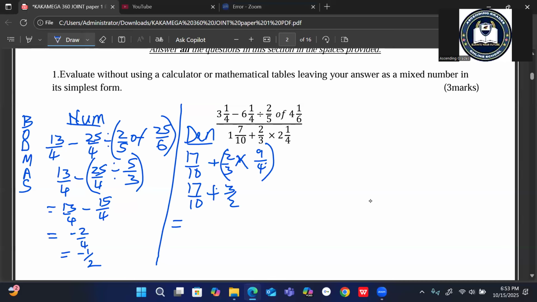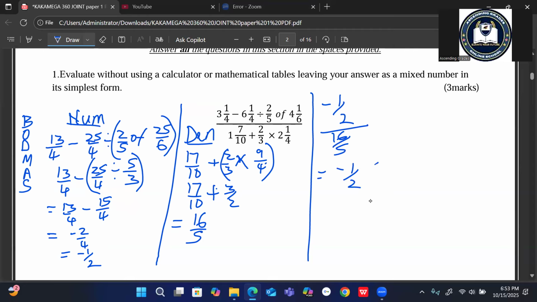So 17/10 plus 3/2 will give you 16/5. So our final result will be -1/2 divided by 16/5, so it will be -1/2 times the reciprocal of 16/5, which is 5/16. So we will have -5/32. That is our answer in number 1, in its simplest form.